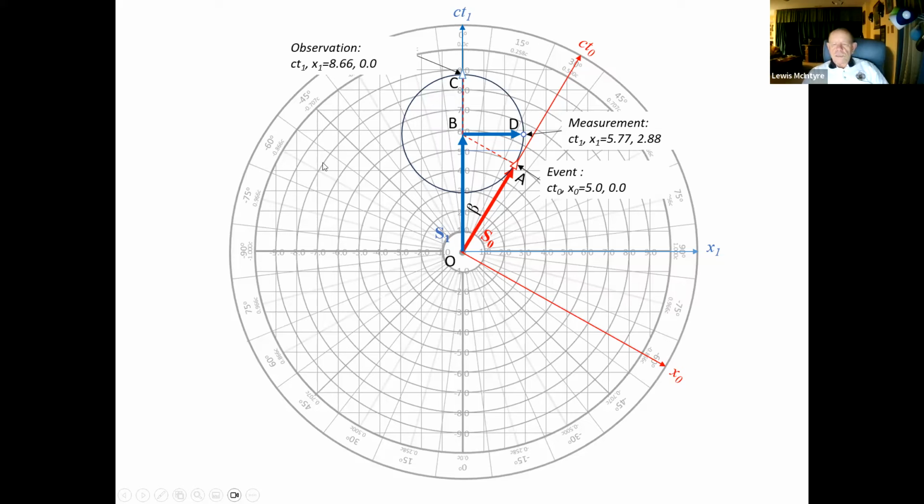I call the circle centered on B the inferential circle, as it contains the event A, the observation C, and the measurement D. It also intersects its own time axis at CT1 minus X1, which is the time S1 must initiate an active measurement, such as by radar, to locate S0 at D.